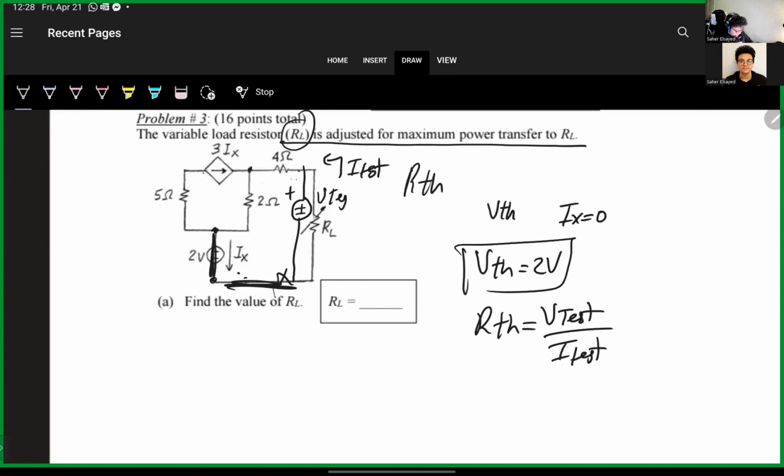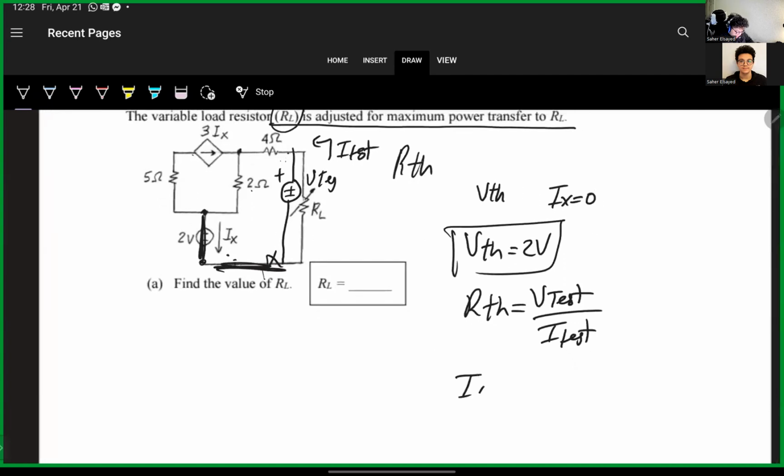So it could be the voltage across the 4 and the 2, right? Okay. So if this is Ix, Ix is equal to I test, right? Because both of them are equal to each other. It's the same current flowing through. And so if this is Ix and this is 3Ix, this one here is going as 4Ix.